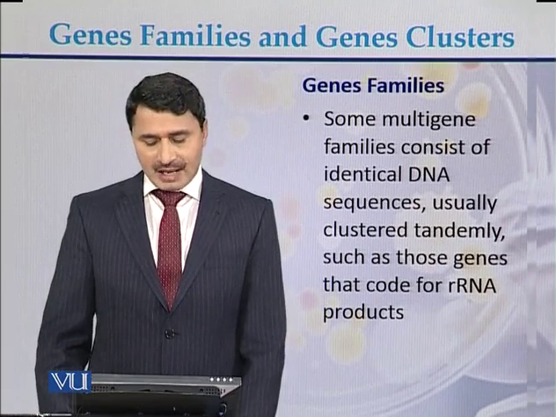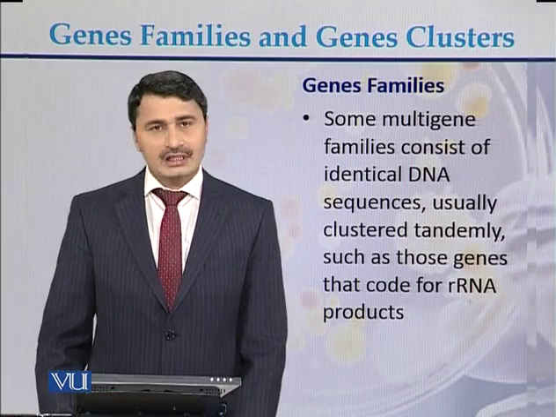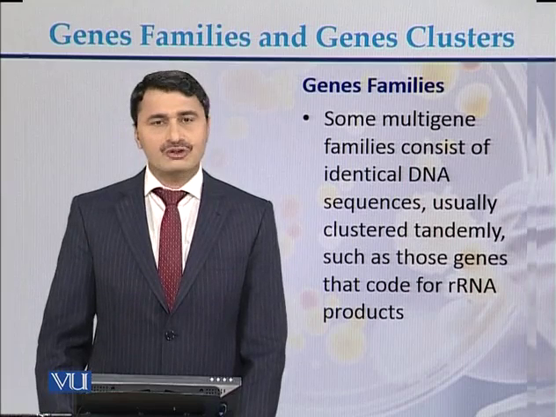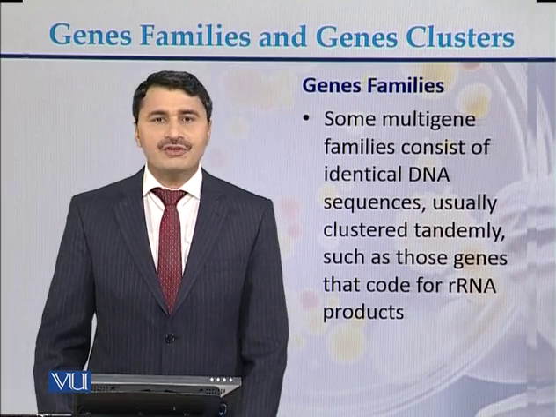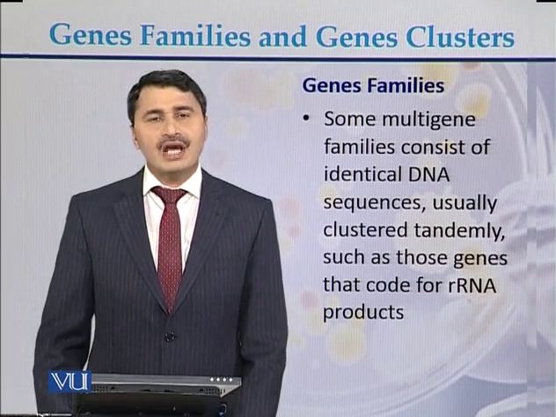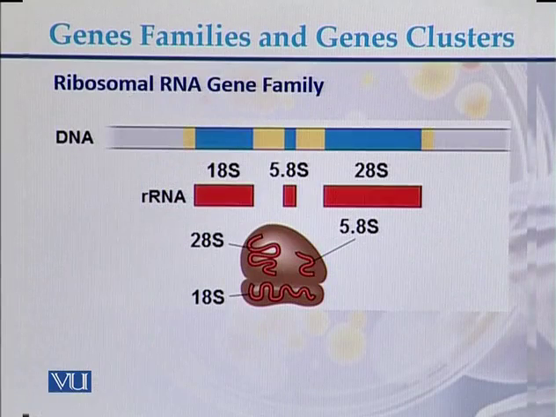Some multi-gene families consist of identical DNA sequences, usually clustered tandemly, such as those genes which produce RNA products. They are usually in the form of clusters. This is an example of a ribosomal RNA gene family.